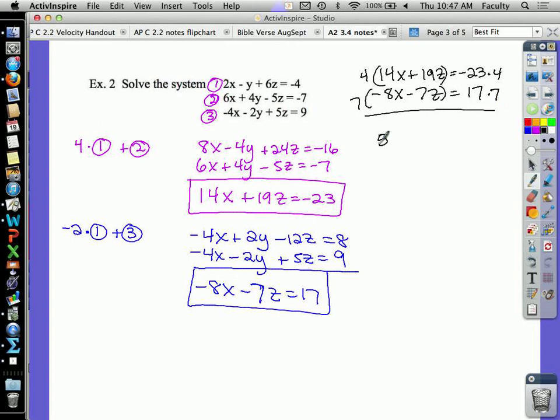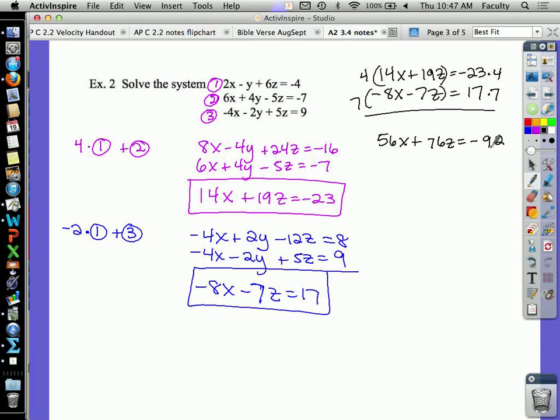So this is going to be 56x plus 4 times 19. 4 times 9 is 36, carry the 3. 4 plus 3 is 7. 23 times 4. 4 times 3 is 12, carry the 1.